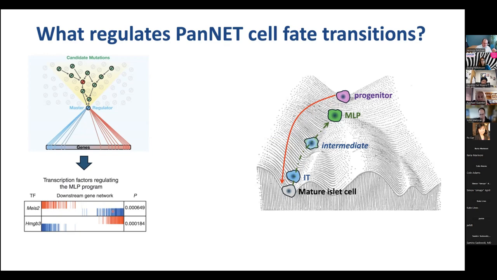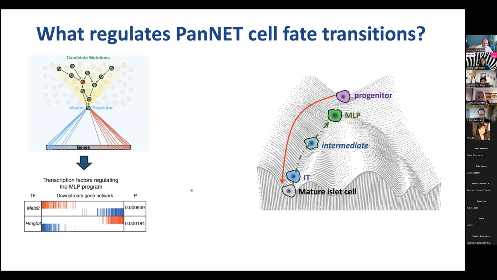So this tells us that MAFB2 transcription activity shuts down when you have the switch from IT to MLP. And the opposite is true for HMGB3. HMGB3 is activated when you have the switch from IT to MLP.